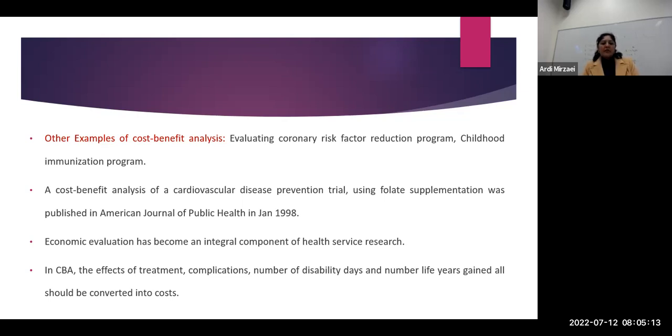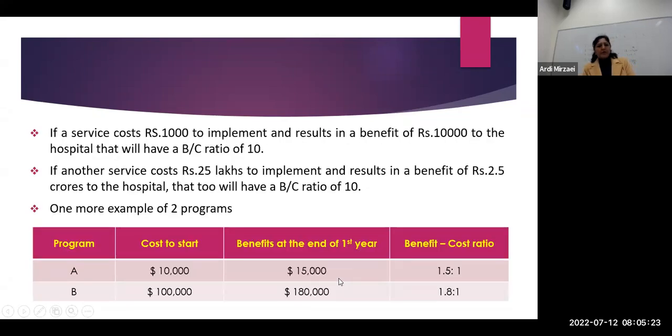Here, the effects of treatment, complications, number of disability days, and number of life years gained should all be converted into cost. So now you can just see, if a service costs ₹1,000 to implement and results in a benefit of ₹10,000 to the hospital, the benefit to cost ratio is 10.